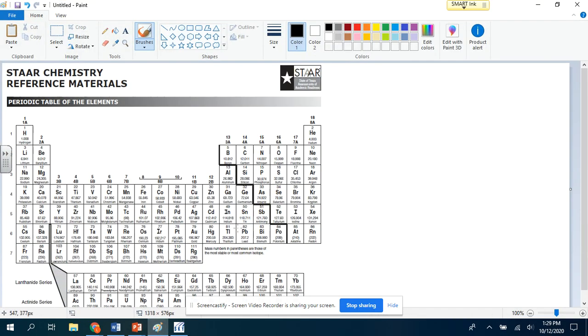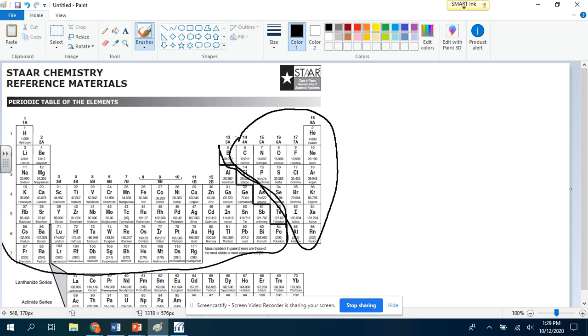If you look at our periodic table, let's remind ourselves how to tell what are metals and what are nonmetals. If you will remember, this little stair step kind of separates them. So all of these are metals, and then these guys over here are basically nonmetals.